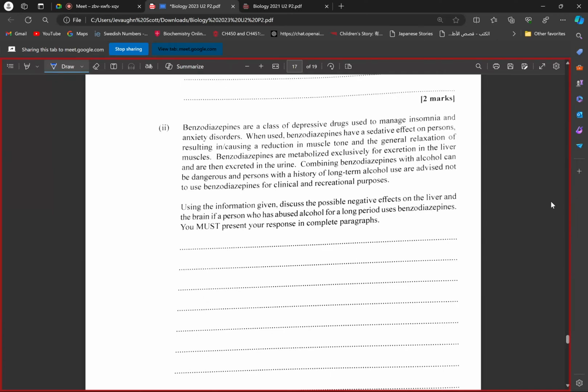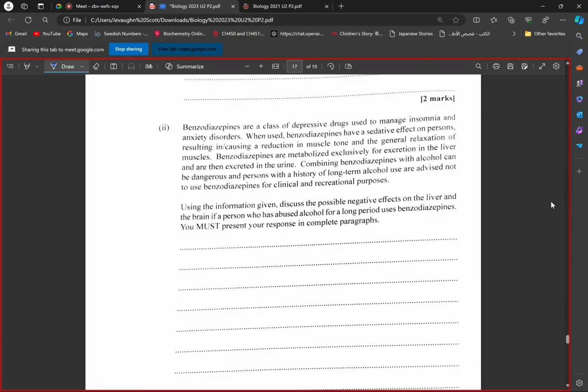To add to his response, benzodiazepine brings about a general relaxation of muscles, as stated in the given information.